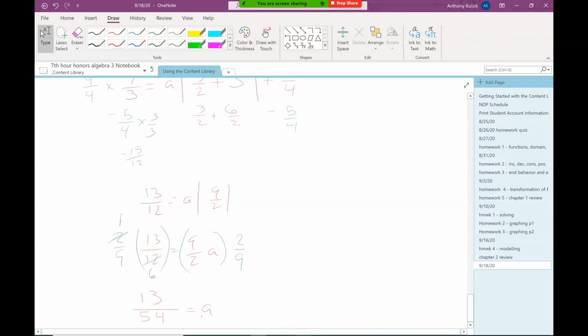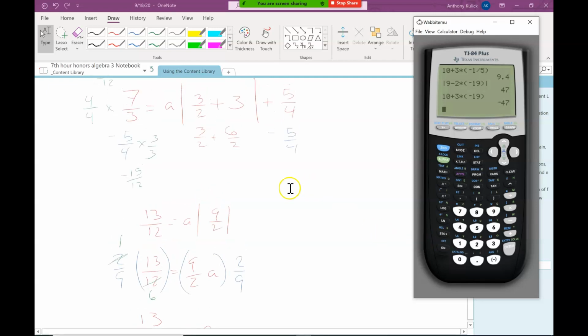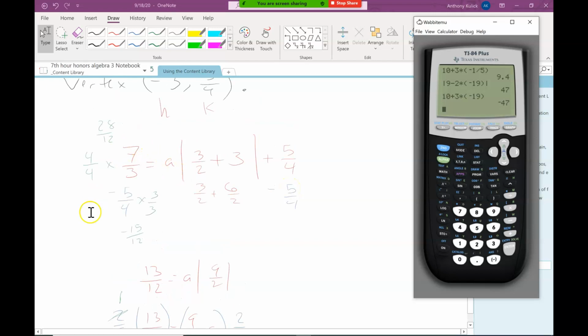Just to point out to you guys, though, if you're ever unsure about your fraction arithmetic, you can always use your graphing calculator to double check these things. So for example, if I want to do 7/3 minus 5/4, if I press alpha and y equals, that opens up the fractions menu.